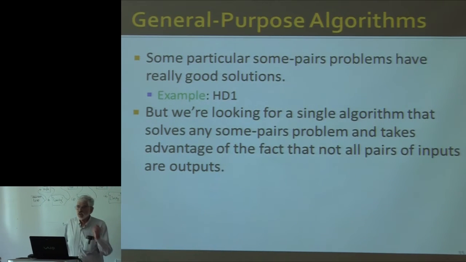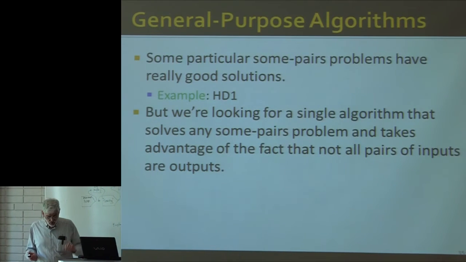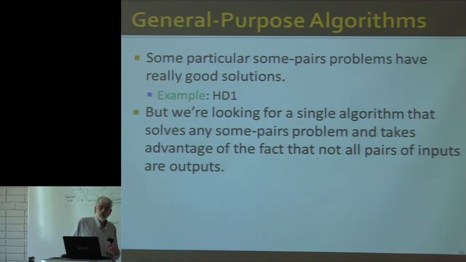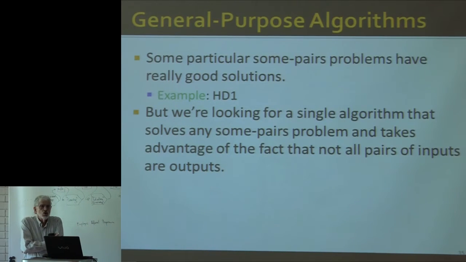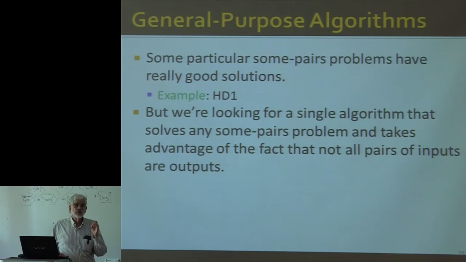Now, as I said, there are algorithms that match the lower bound that I gave you for a wide variety of values of q. What I'd like to do though is ask, is there some algorithm that works for any sum pairs problem and takes advantage of the fact that not all pairs are present?